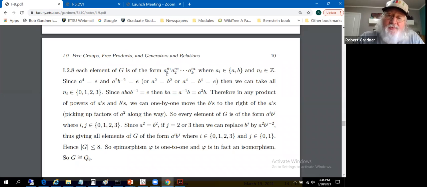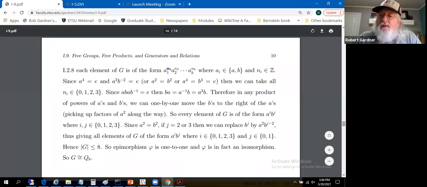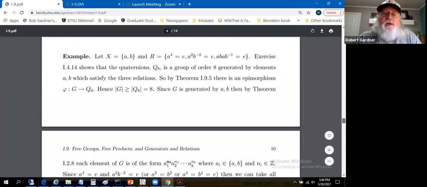I don't know that it starts with a power of a, maybe it starts with a power of b. Fine, I'll take that first exponent to be 0, because they're integers. But every element of group G can be written as a product of powers of a and b. I can group the a's together and the b's together if they're side by side. We didn't have anything that gave us commutativity. The quaternions are not a commutative group. There was nothing here about ab equals ba.